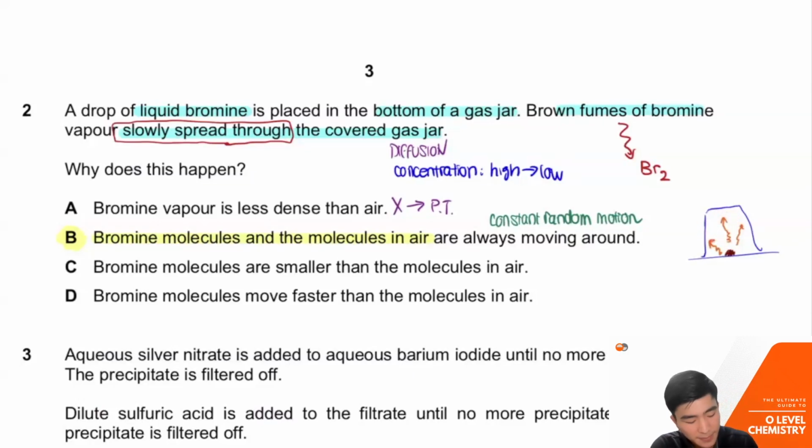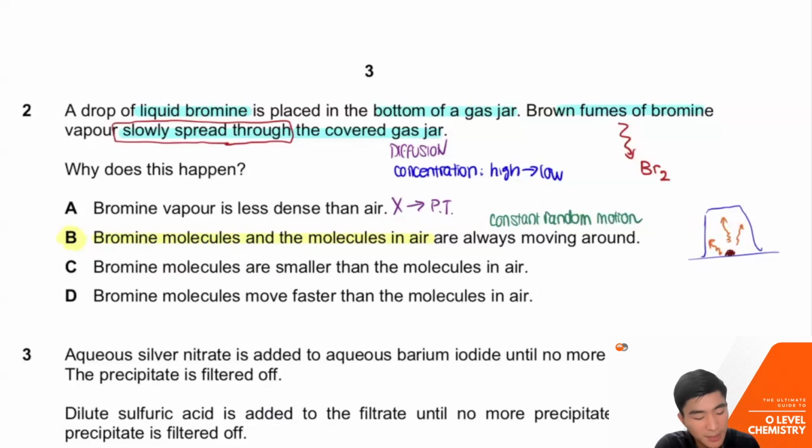All right. Now the size of the molecules, actually this is incorrect as well, because molecules of air are actually smaller. Bromine molecules are actually very big. How do you know the size of a molecule?